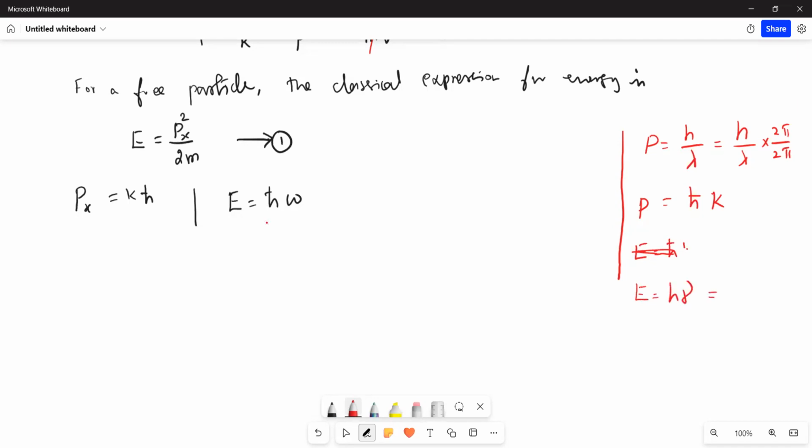You know, omega is equal to 2 pi nu, no? So nu is equal to omega by 2 pi. So we can say this is h cross omega.